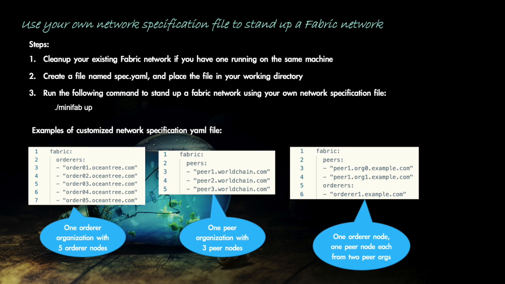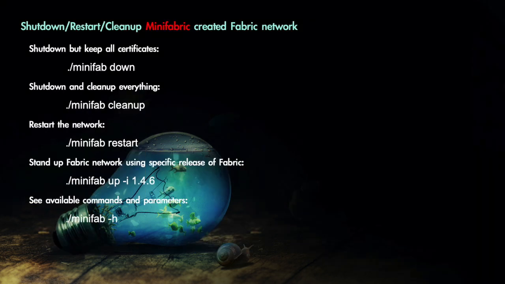In a few minutes, you should have a Fabric network running using your own network specification file. Just remember, before you use your own spec file, you should clean up running Fabric network if you already have one. Minifabric does a great job to maintain a very clean system.